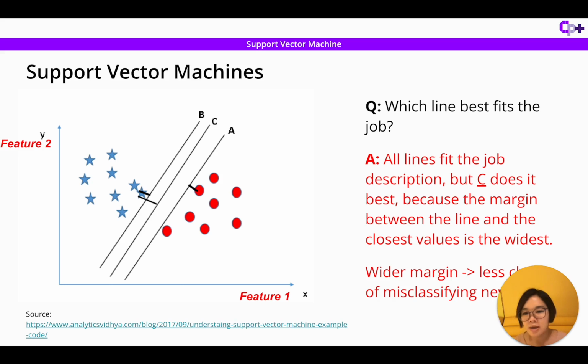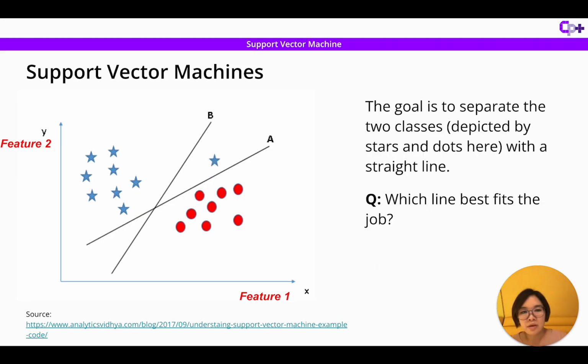Sometimes this star may actually be noise, because it's closer to the dots. Maybe it's an outlier of sorts. So we want to give a wider margin to the closest dots and stars, so that if these stars and dots close to the boundary line are actually misclassified or noisy data, the classifier can still work reliably well.